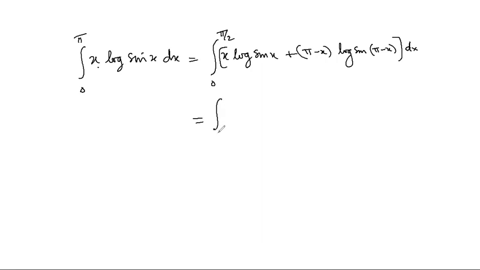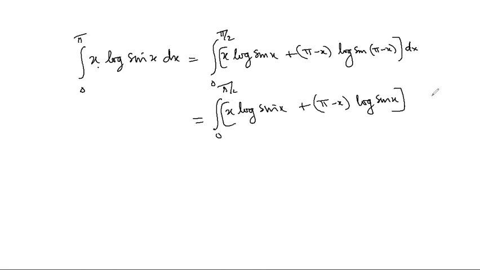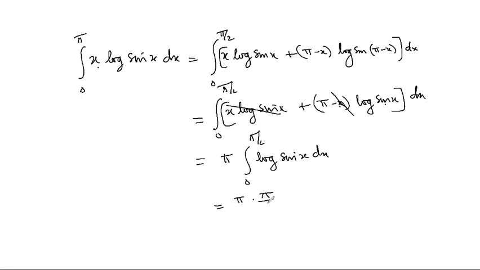That became 0 to pi by 2 x log sin x plus pi minus x log sin x. When you open the bracket, this x log sin x and this minus x log sin x will get cancelled. So it becomes pi times 0 to pi by 2 log sin x. Now we can put our answer, pi into pi by 2 log half. So it became pi square by 2 log half.